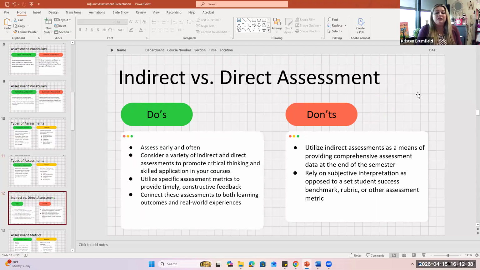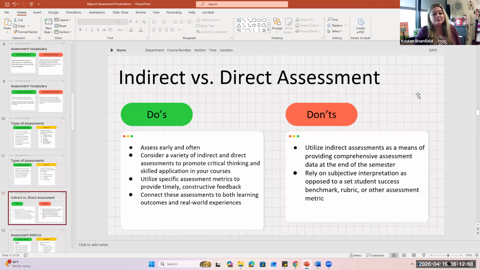We also have indirect and direct assessment, of course, and I always laugh and tell students sometimes we need to know what not to do. So for this one, we're going to talk about what some do's are for assessment and what some don'ts are.